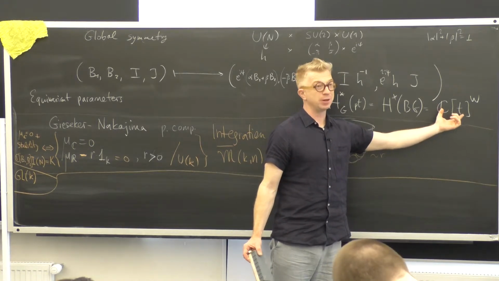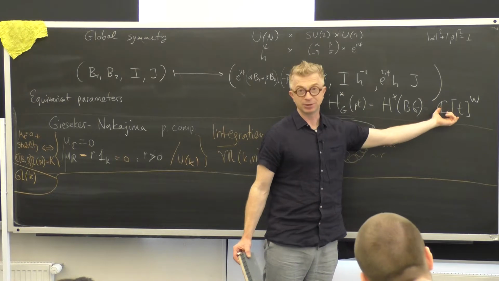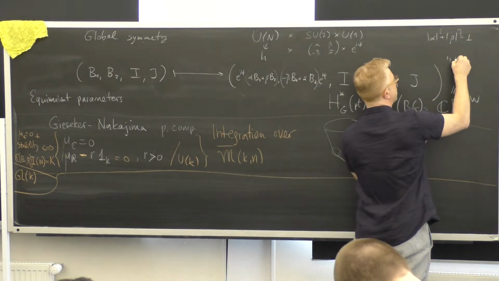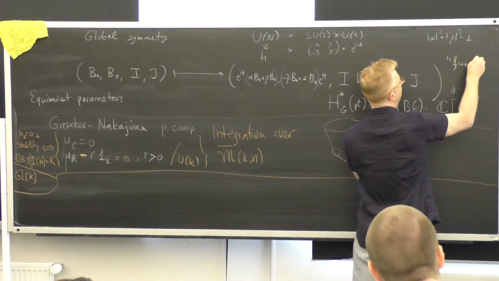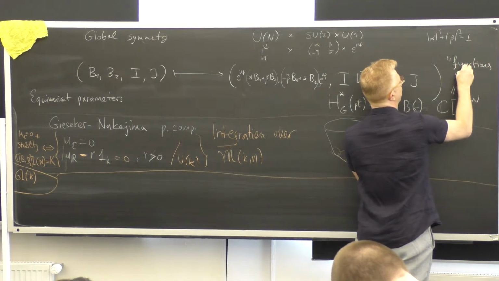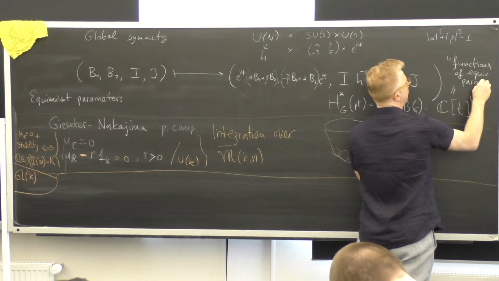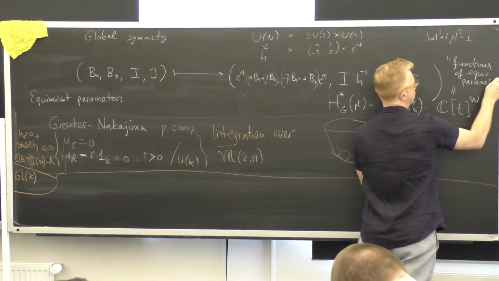The arguments of these polynomials we physicists call equivariant parameters. So this is called functions of equivariant parameters.